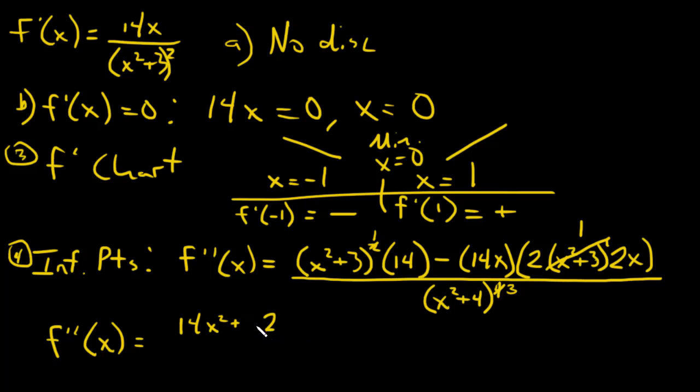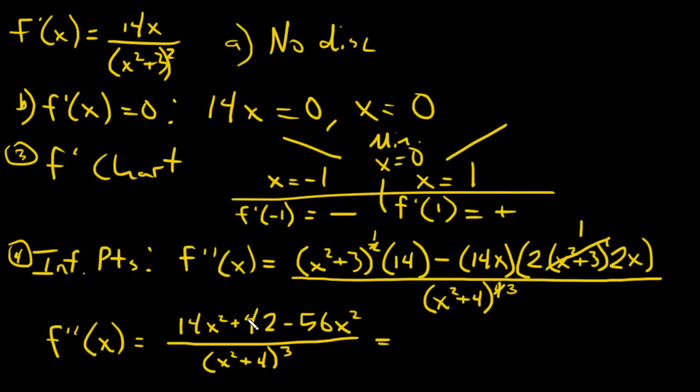As soon as I wrote it, I was like, wait, that doesn't look right. 42. And then over here, I'm going to get 2 times 2 is 4, 4x times negative 14x is negative 56x squared. Is that what y'all get? And then all of that is over (x squared plus 3) to the third power.